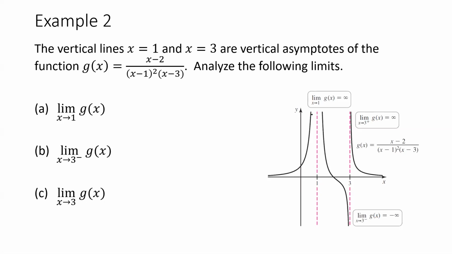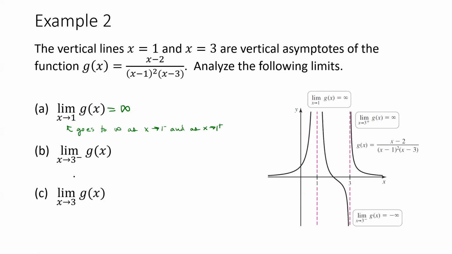As x approaches 1 from the left and as x approaches 1 from the right, from both sides, it's going to positive infinity. So it's going to positive infinity from both sides. So that's why we say here the limit as x approaches 1 is infinity.